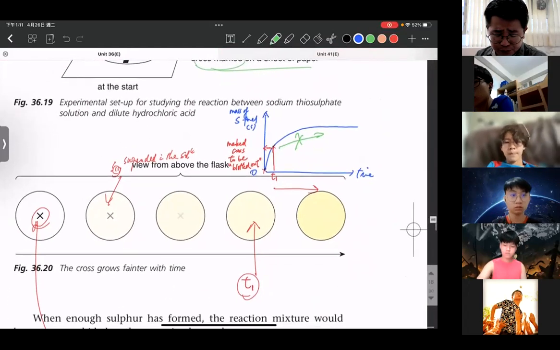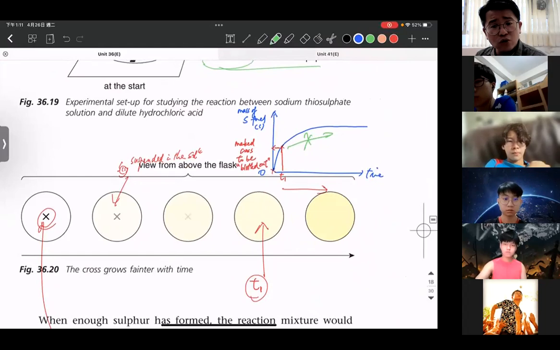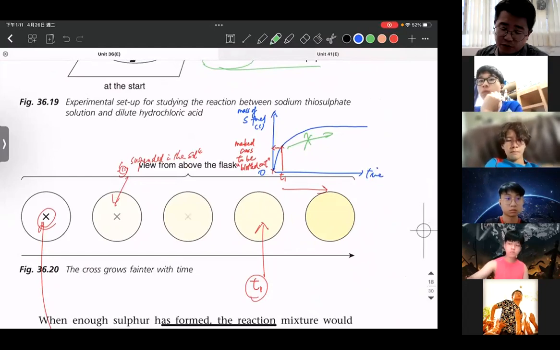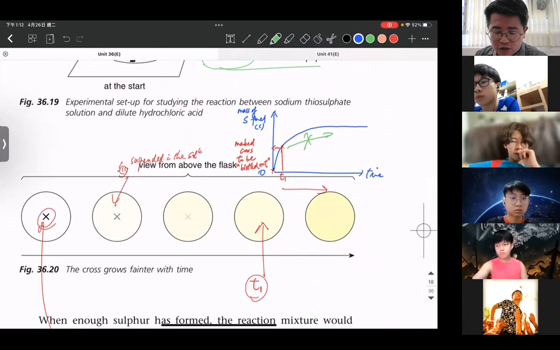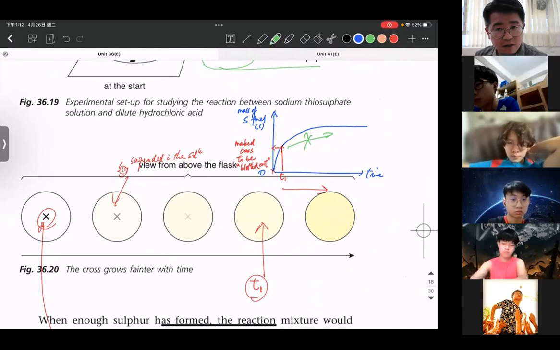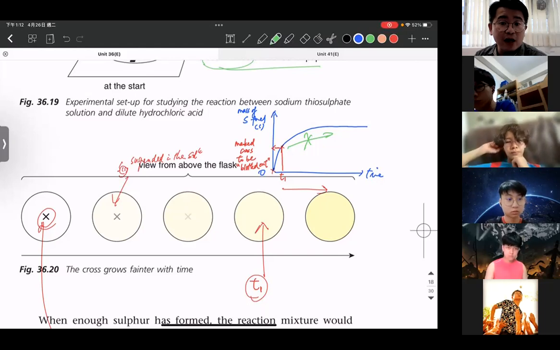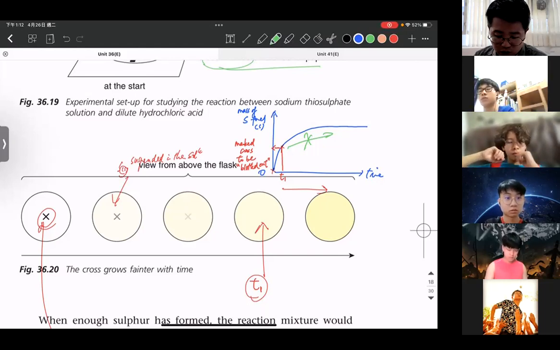Indeed, if you really want to compare this with our old experiment, you may have this rate curve, isn't it? Please copy it down. The rate curve will show you the mass of sulfur formed over time like this, right? However, we do not have any instrument to measure the mass of sulfur formed. Instead, I use an indirect method. How? It depends on the mark cross here.